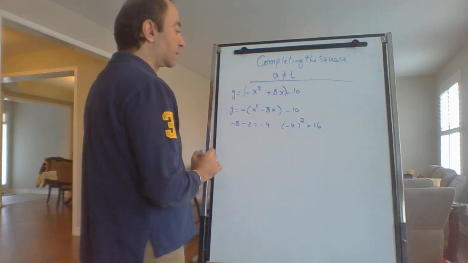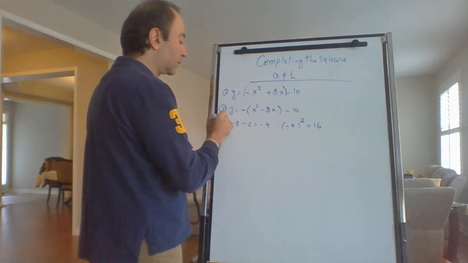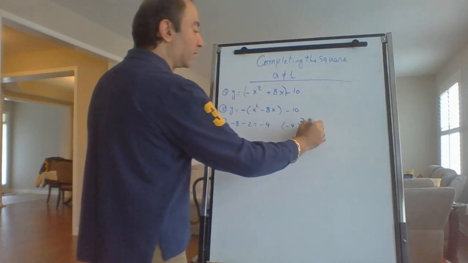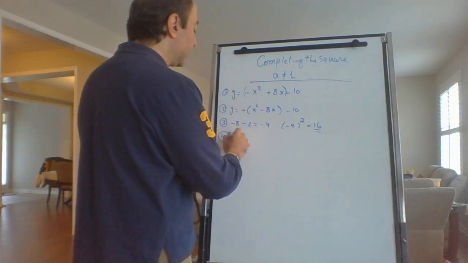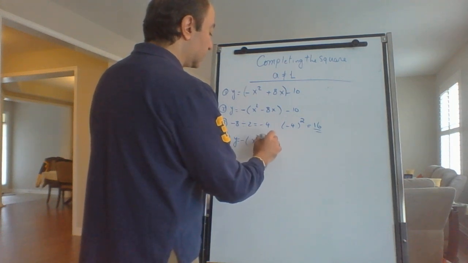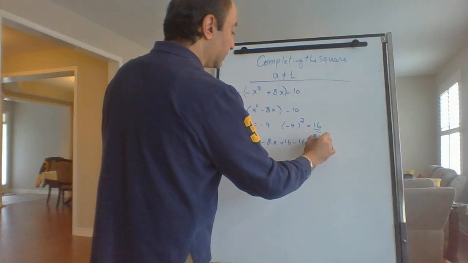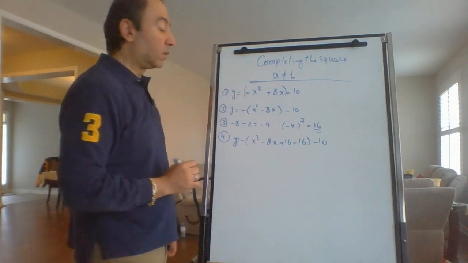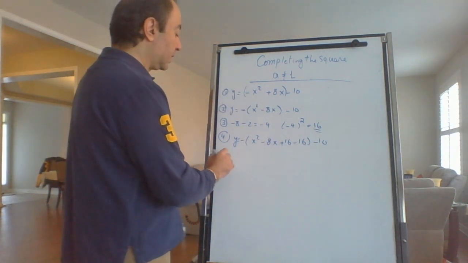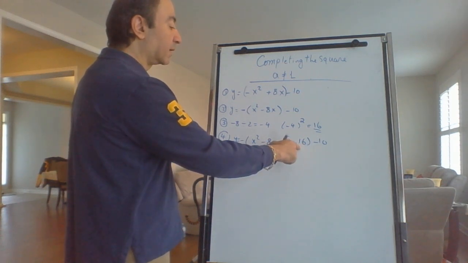Okay, this is the first step, this is the second step, this is the third step. Fourth step is the value we get here in step 3, we're going to add it and subtract it between the brackets. Okay, now we are going to keep the positive value inside and we take the negative value outside.